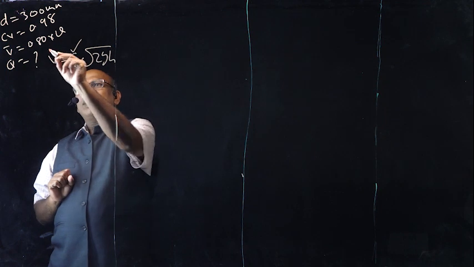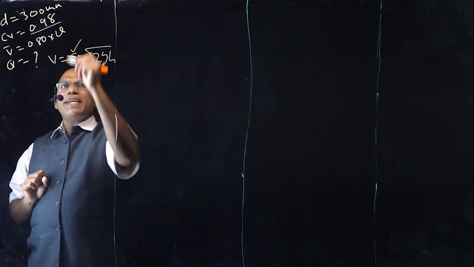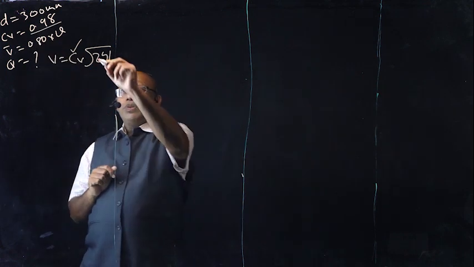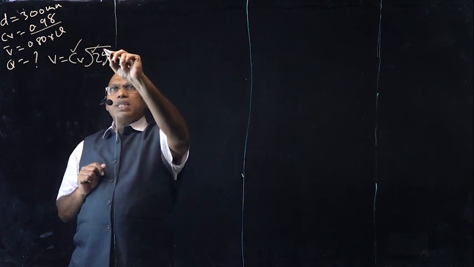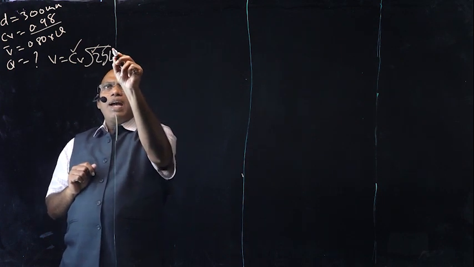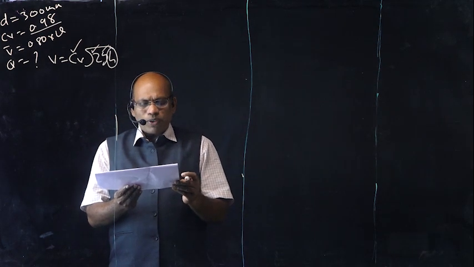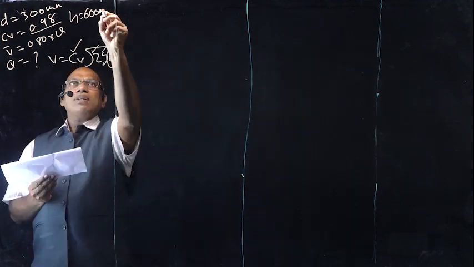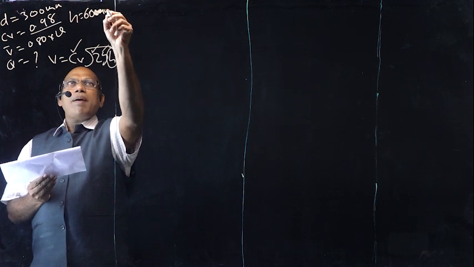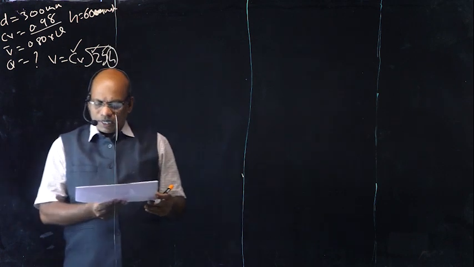Cv is given, that is equal to 0.98, the coefficient of pitot tube, 2, the value of g equal to 9.81, and h, the pressure difference between the two orifices, is 60 mm of water.